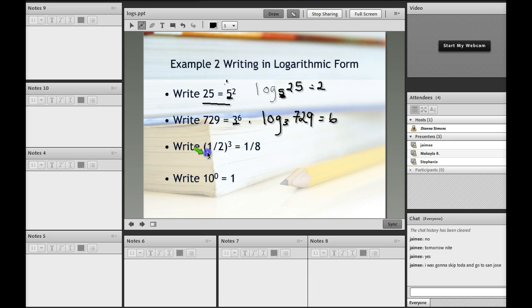What about this one? I'll do the hard part. Oh, that's log.